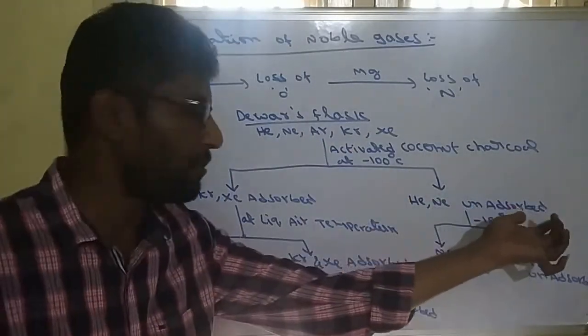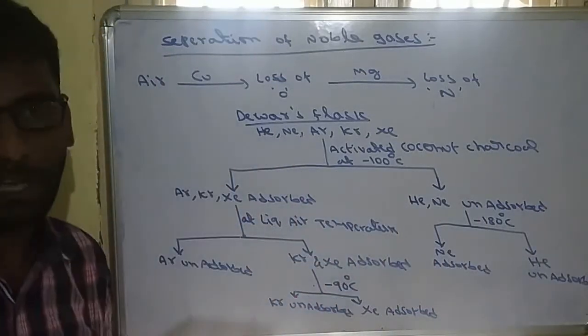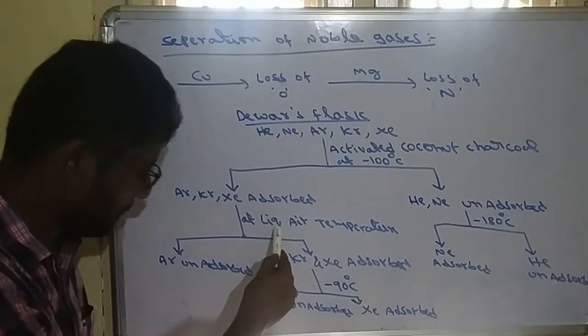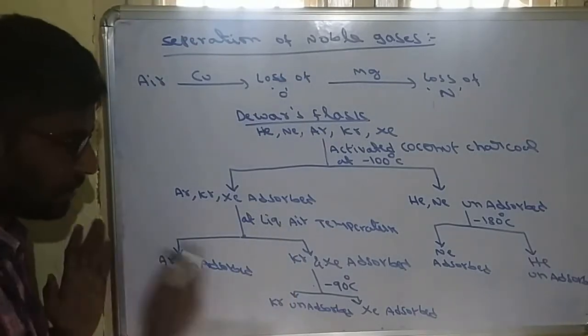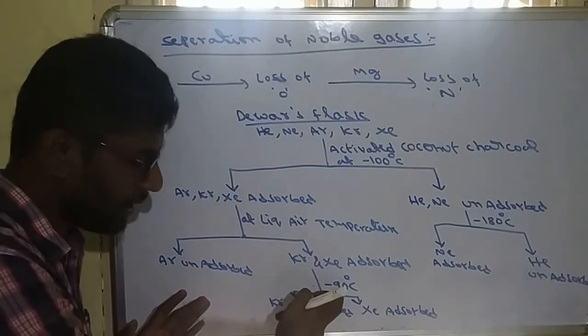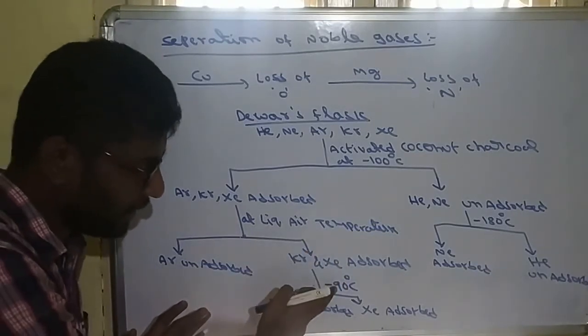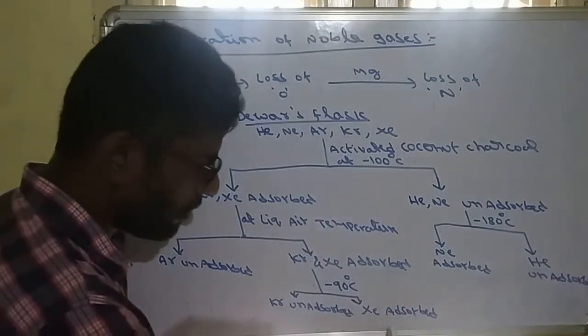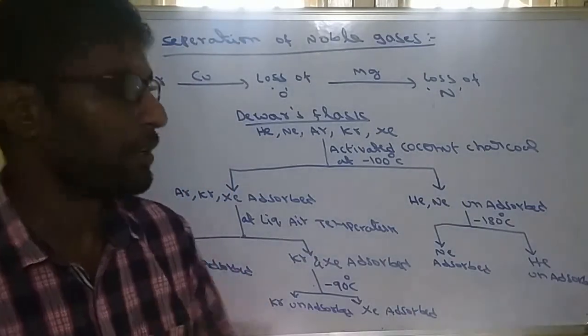Released means unabsorbed. The remaining gases will be absorbed on the charcoal. If we maintain liquid air temperature, argon will be released. Krypton and xenon will be absorbed. Again the temperature is increased to minus 90. So krypton will be released. Xenon will be absorbed. Again on heating, xenon also will be released.